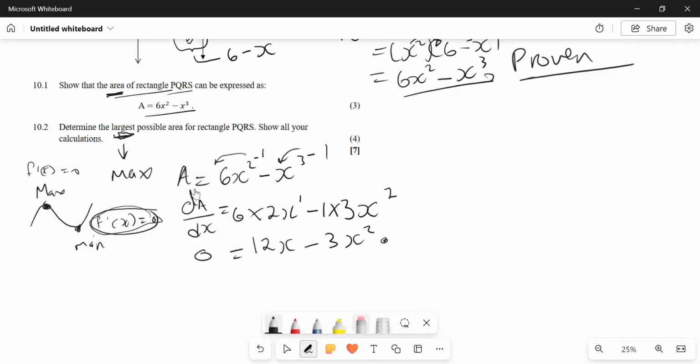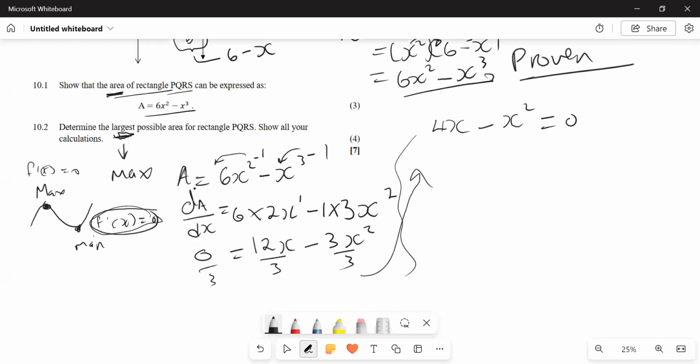Now we need to solve for x. We can divide everything by 3, and we end up getting 4x minus x squared equals 0. Then we take out the common factor of x, and we are left with x times (4 minus x) equals 0.